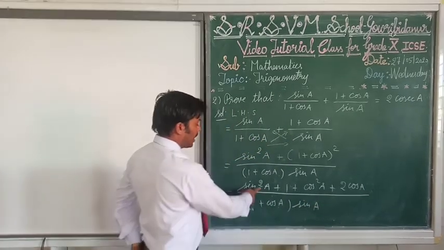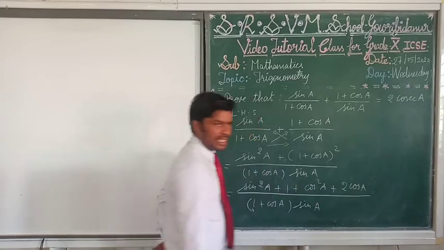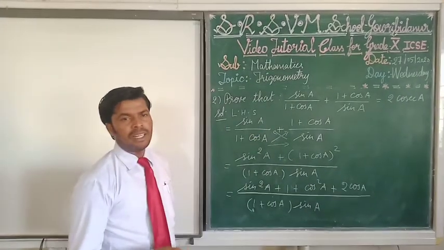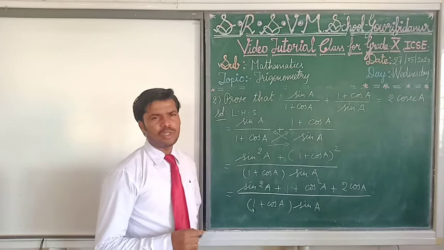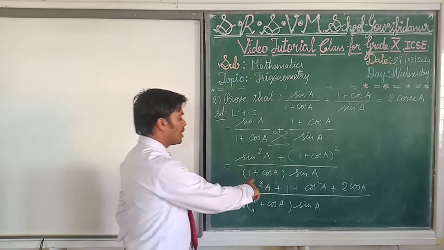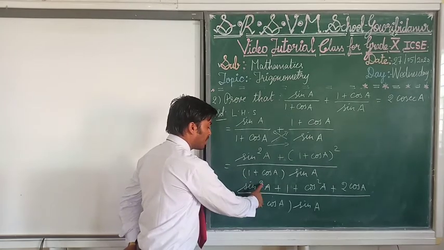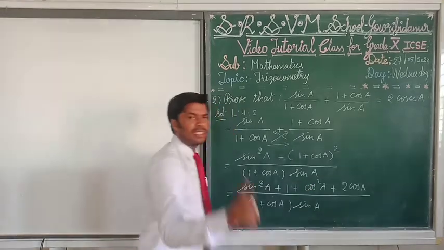Here see, sin square A plus cos square A, the identity form is coming, that is nothing but sin square theta plus cos square theta is equal to 1. According to that one we can replace this, sin square A plus cos square A is equal to 1.